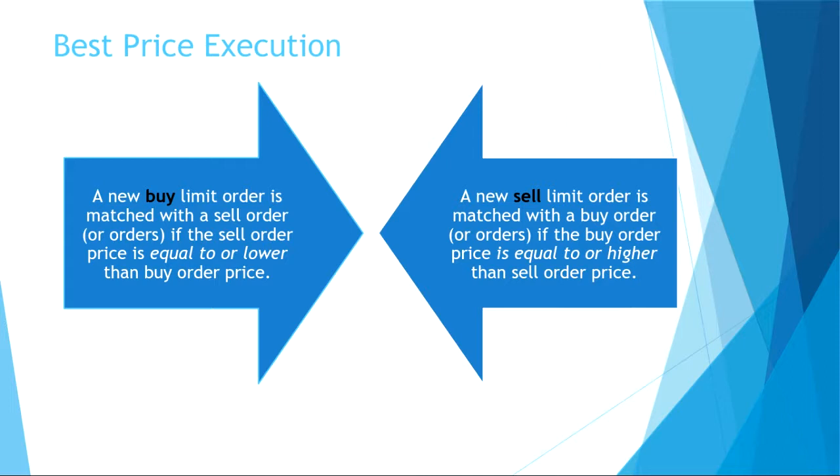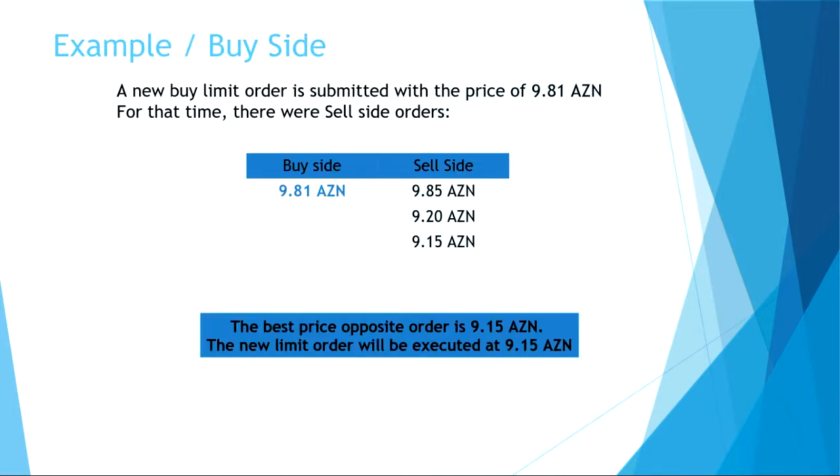Let me give you an example for the buy side and sell side. Hope it will be more clear with an example. Assume that, forget about the buy side. Assume that we don't have it right now, right? We have sell side only.